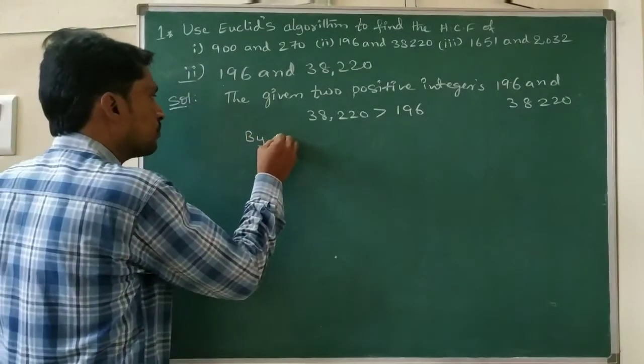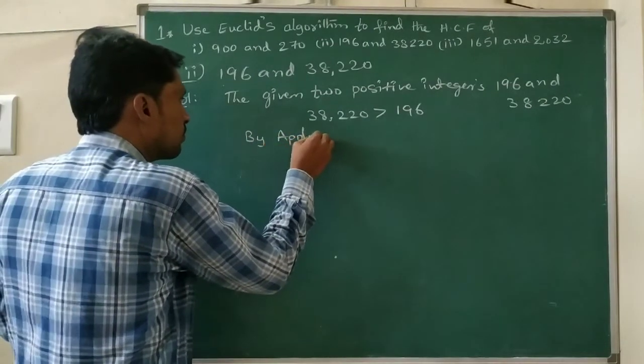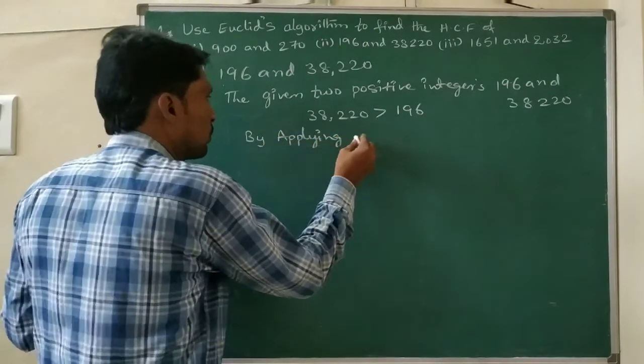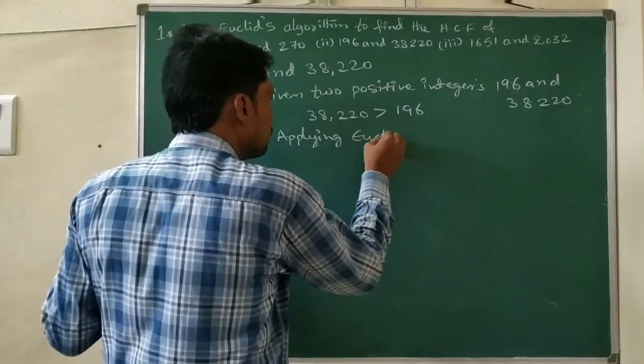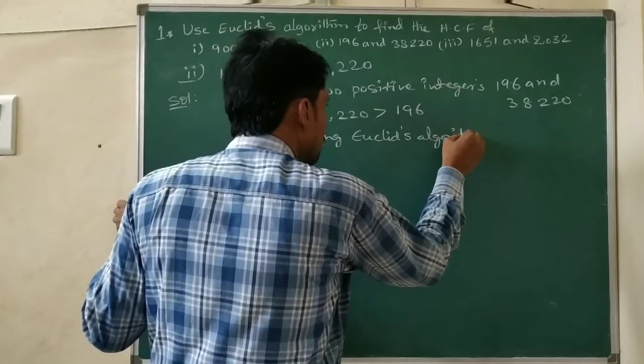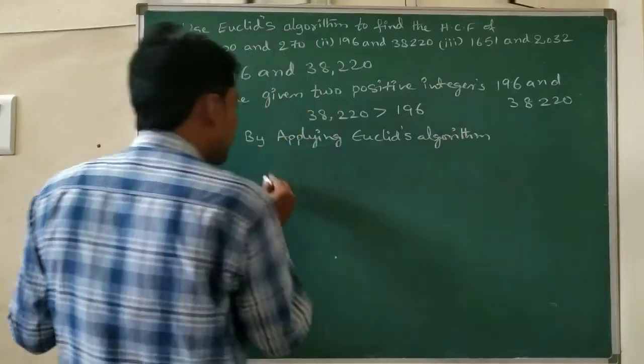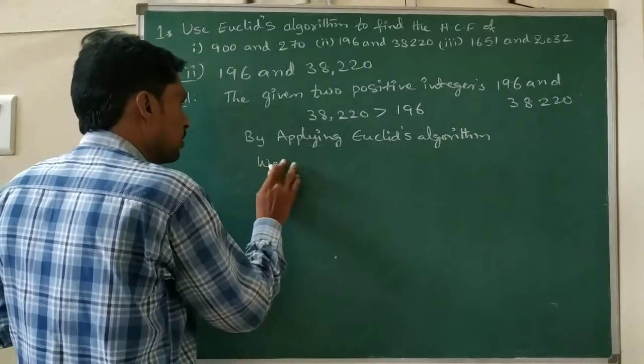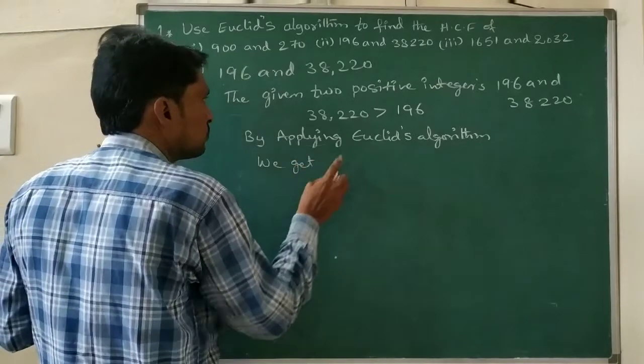By applying Euclid's algorithm, what do we get?